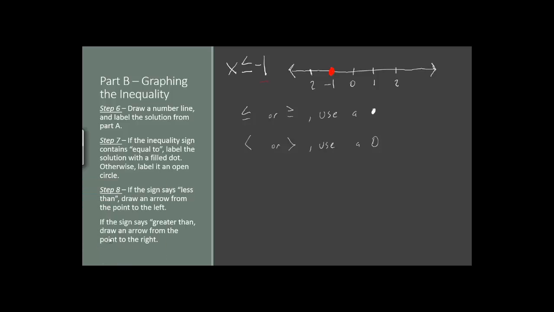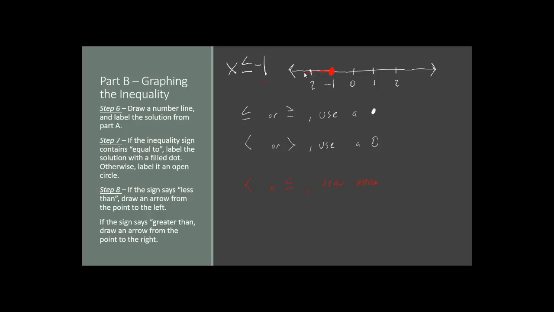After that, you check to see if it says less than or whether it says greater than. Now if you have a less than sign or less than or equal to sign, we're going to draw an arrow toward any numbers that are less than negative 1.